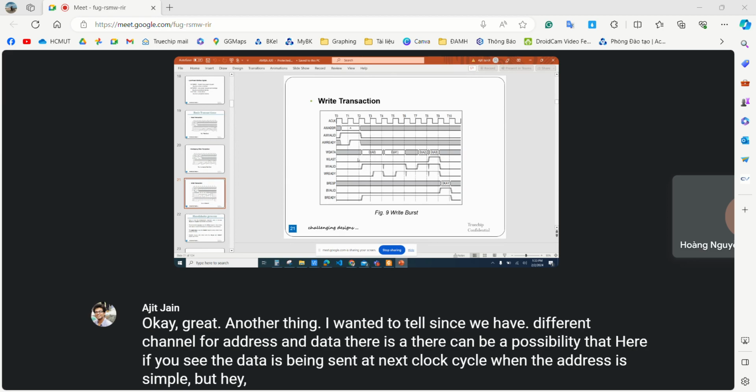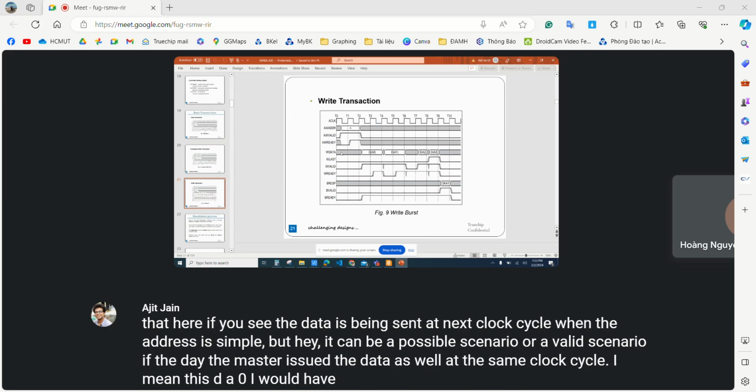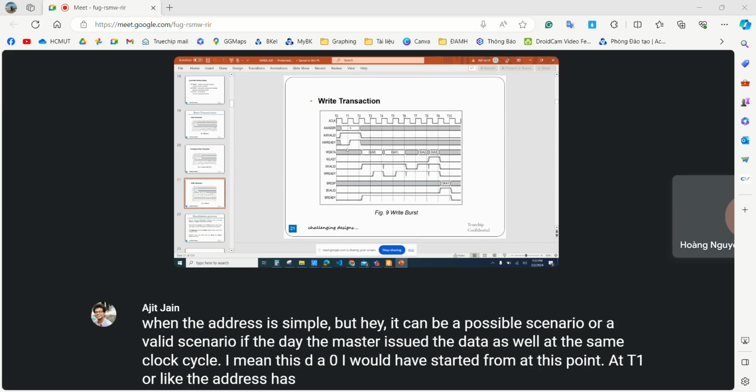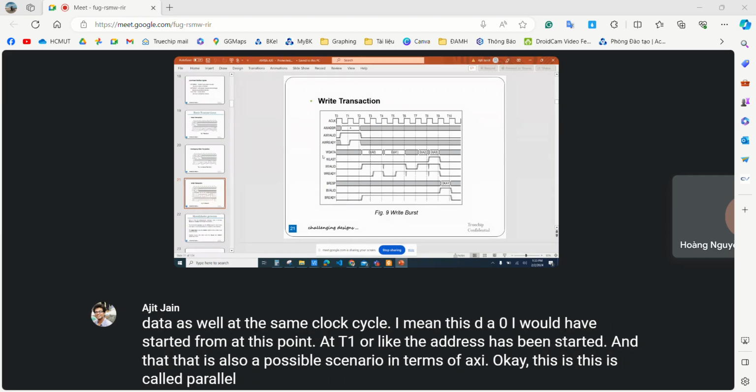But it can also be a valid scenario if the master issues the data at the same clock cycle. I mean, DA0 would have started at T1, when the address has started. That is also a possible scenario in terms of AXI. This is called parallel architecture.